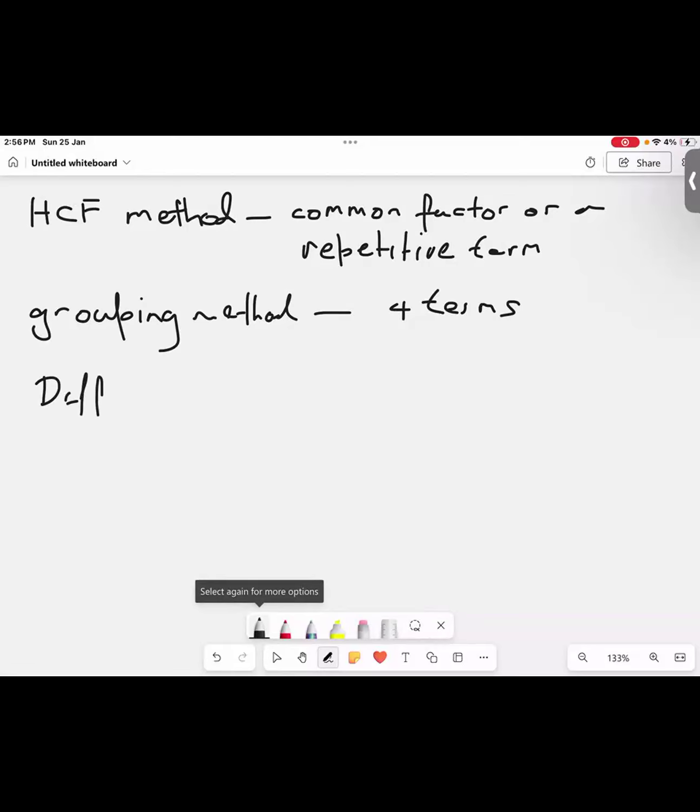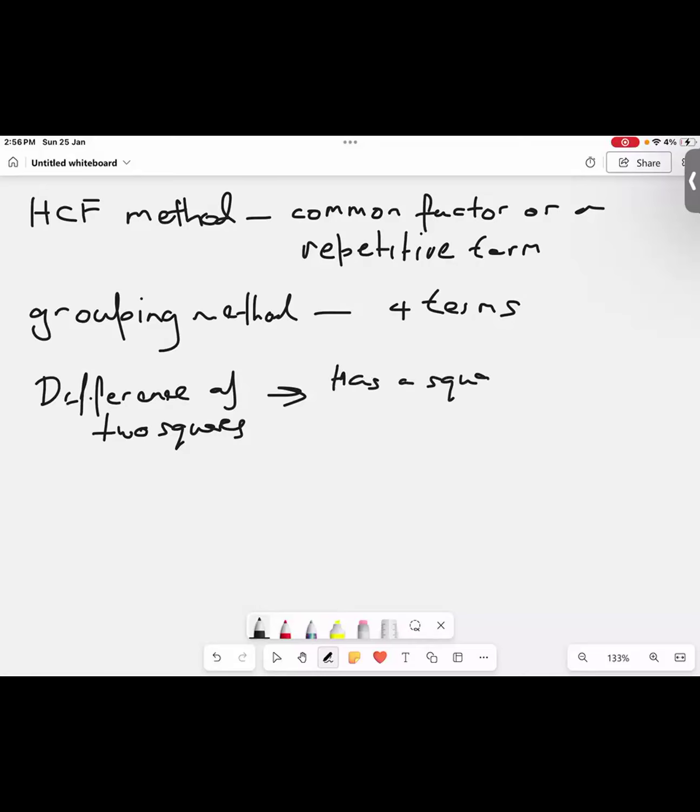So the difference of 2 squares has a square term, it has a minus sign, and it only comes with 2 terms.